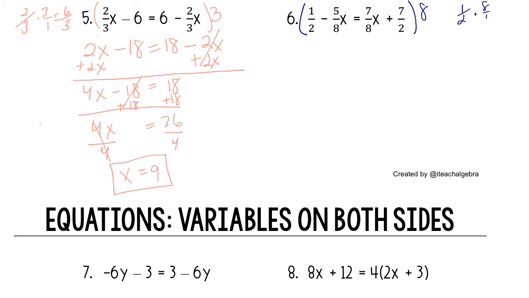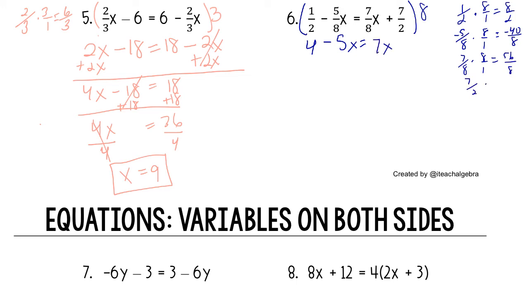1/2 times 8 over 1 is 8 over 2, which is 4. -5/8 times 8 over 1 is -40 over 8, which is -5x. 7/8 times 8 over 1 is 56 over 8, or 7x.